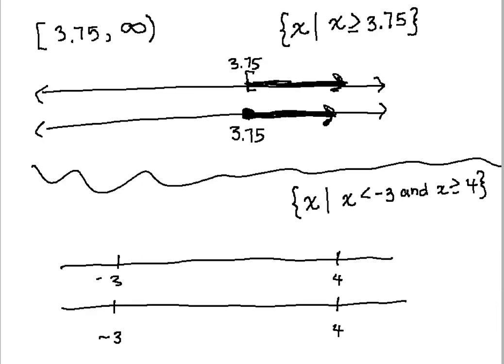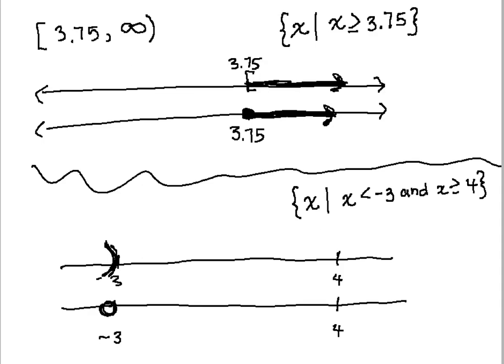All right, so then I have to think about what's going on. First of all, I'm saying it's strictly less than -3. So that means I'm going to have a paren here, or an open dot.